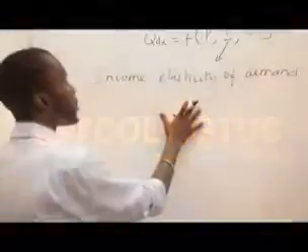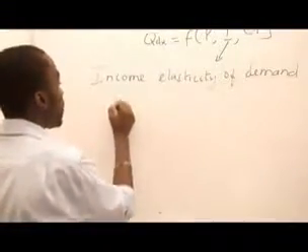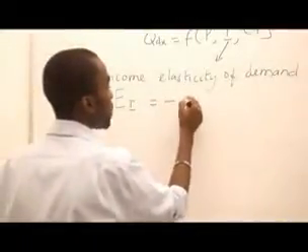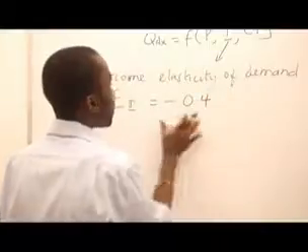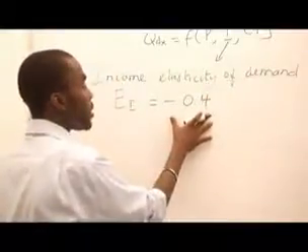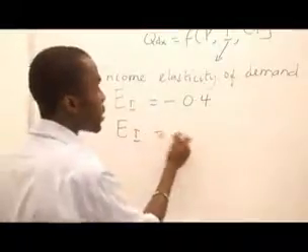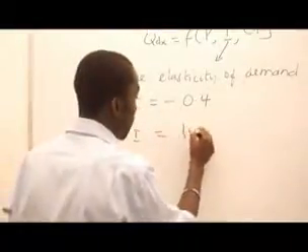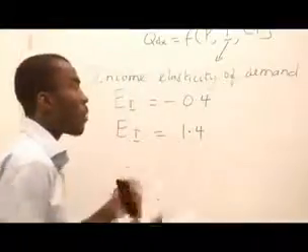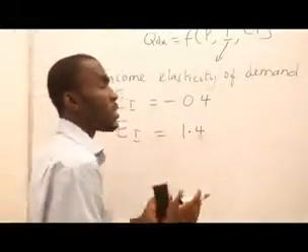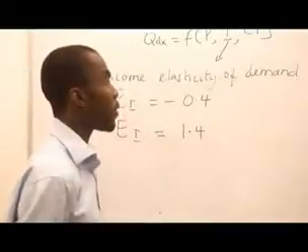So for the income elasticity of demand, if you calculate and you get elasticity to be, say, negative 0.4, this will give you a different interpretation than when you calculate and you get income elasticity of, say, 1.4. For income elasticity of demand, what we are looking out for is the nature of the good or the service.